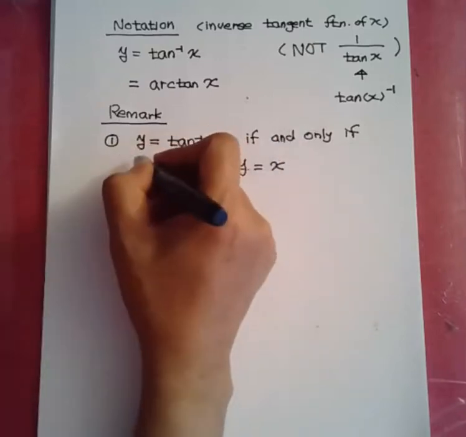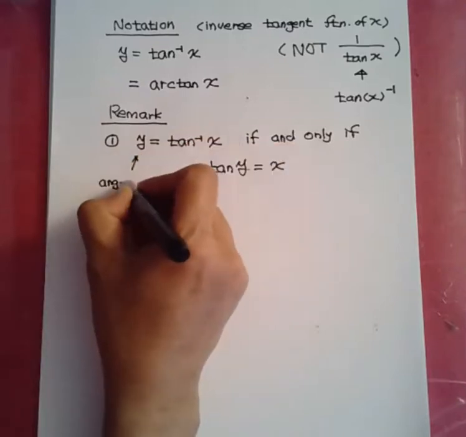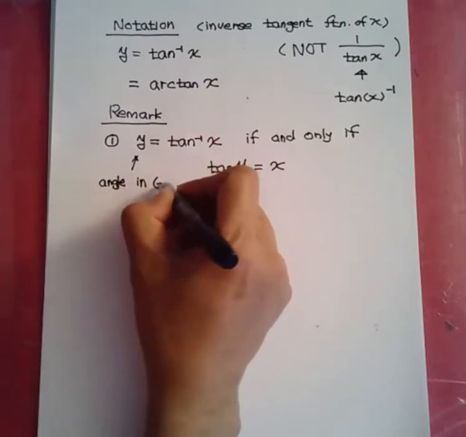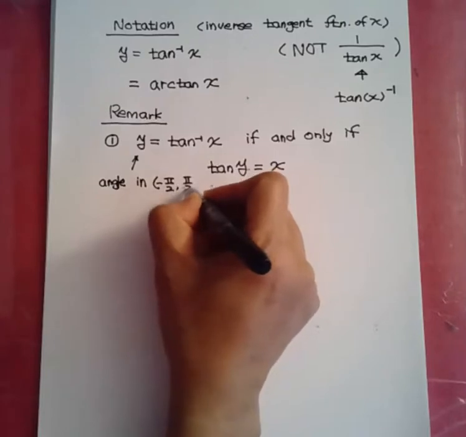So y is the angle in minus pi over 2 to pi over 2.